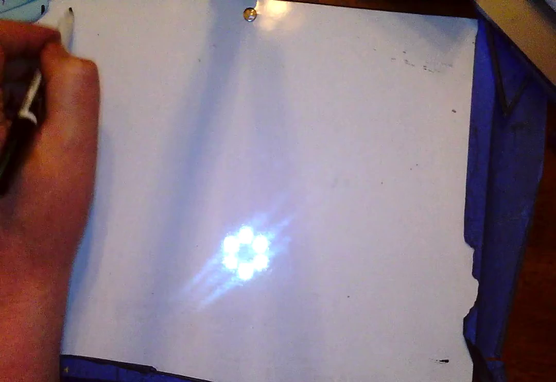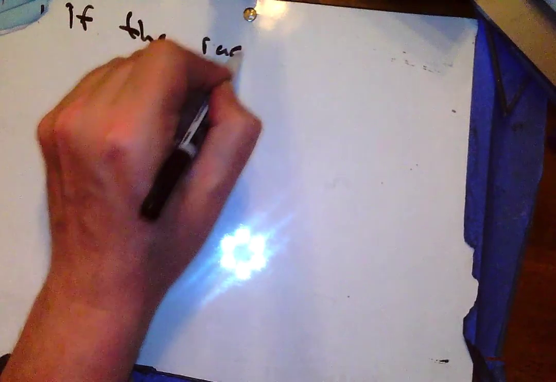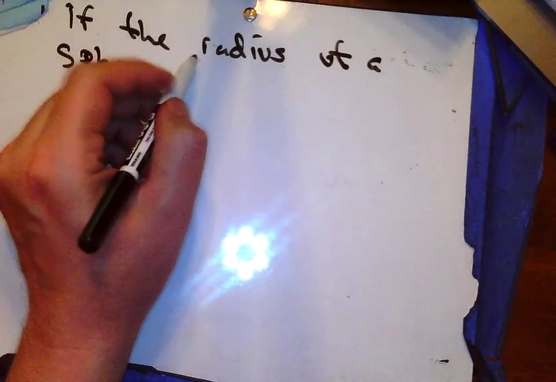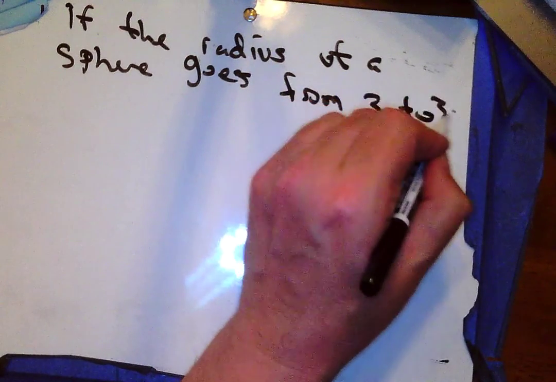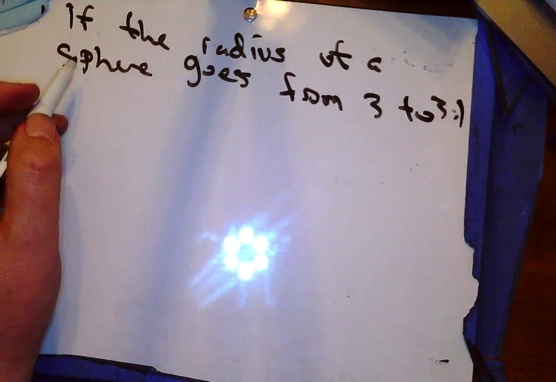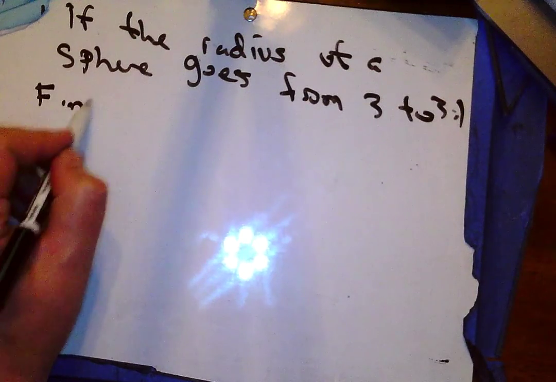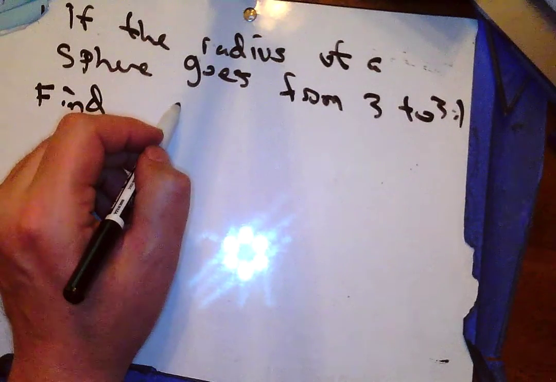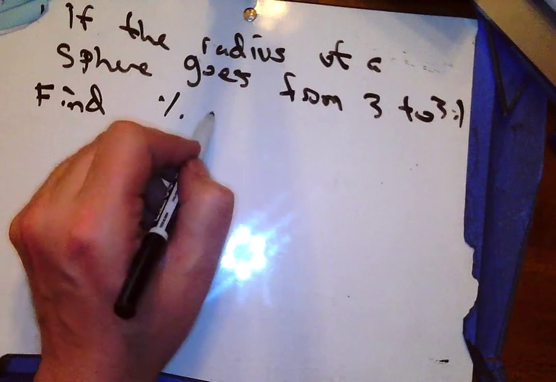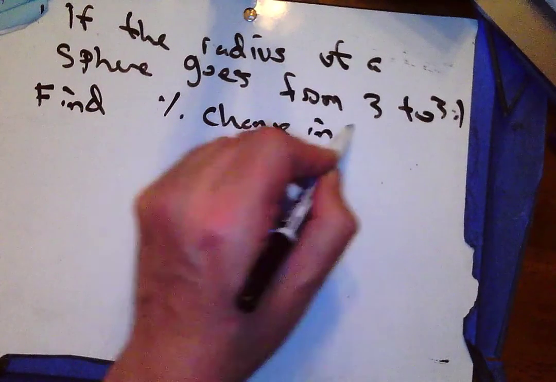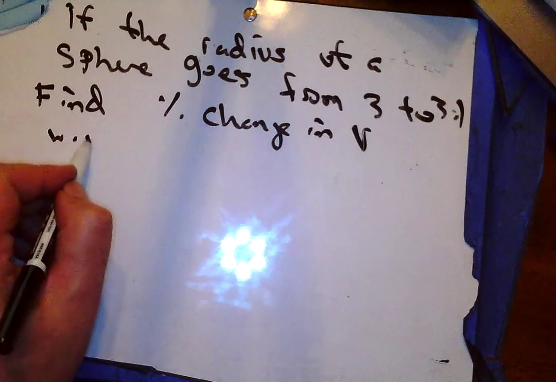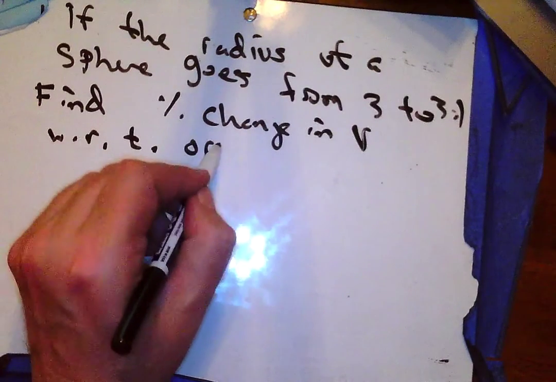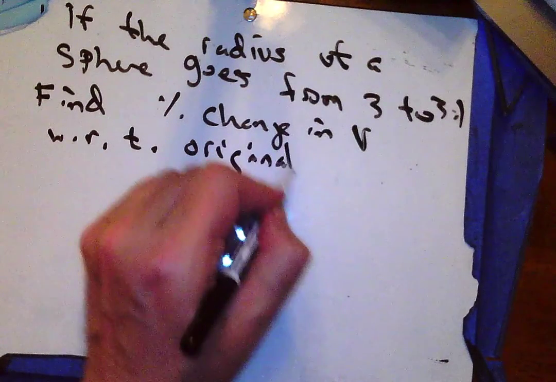Okay, if the radius of a sphere goes from 3 to 3.1, find the percent change in V. And a percent change in V with respect to original volume.